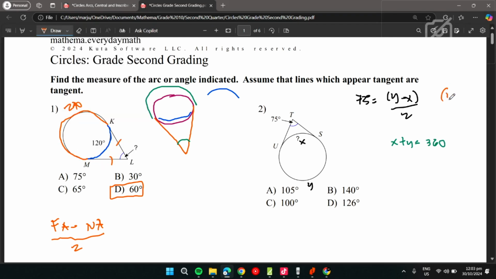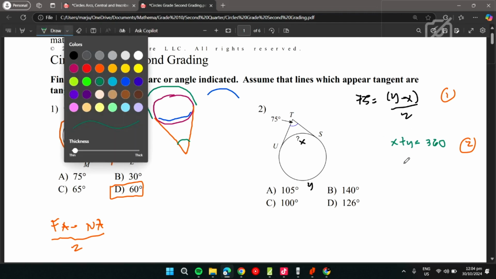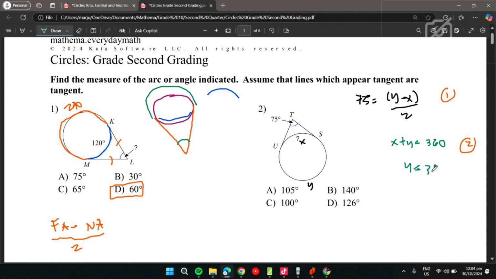This is our equation 1, and then this is our equation 2. Let's try to solve y in terms of x. This one. So, this actually gives us y equals 360 minus x. Alright? So, let's try to substitute this one here.